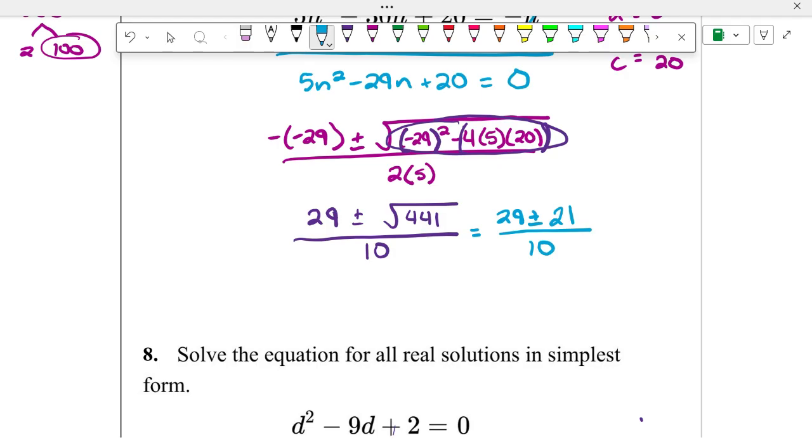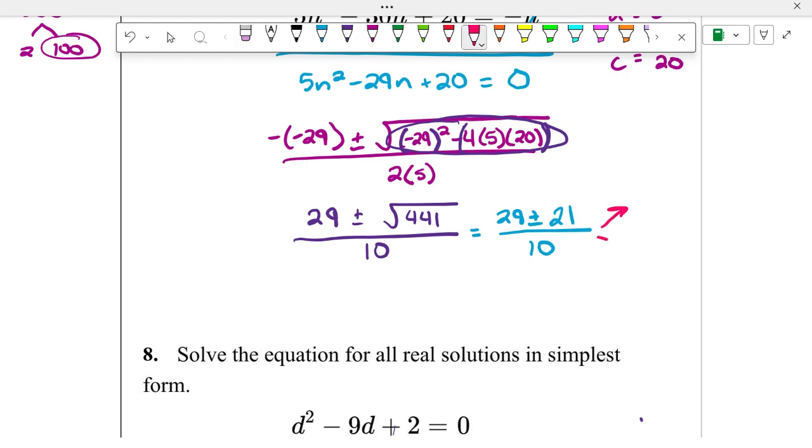What's my last step, Julian? So I need to take care of the plus or minus. How do I take care of the plus minus? Right.